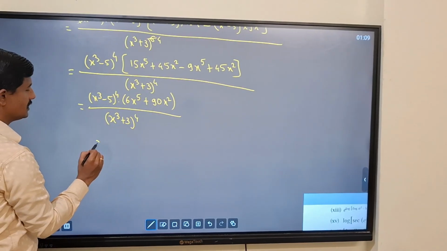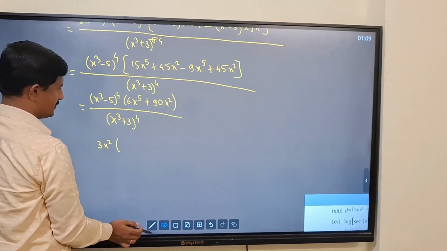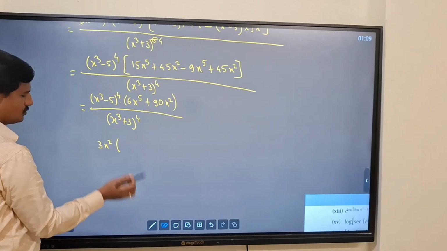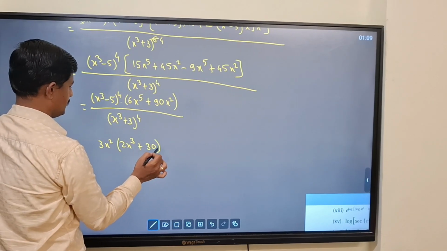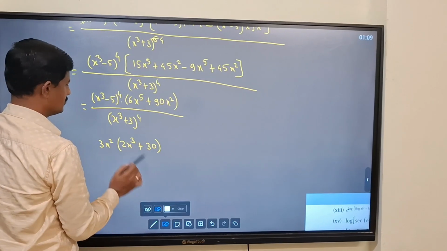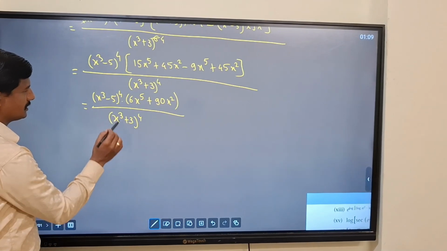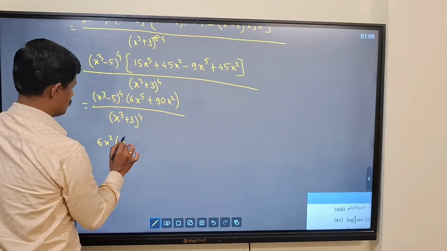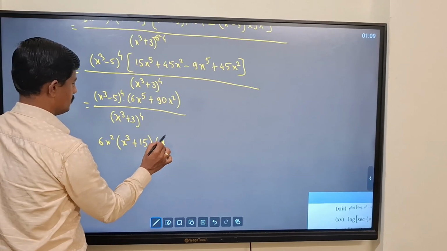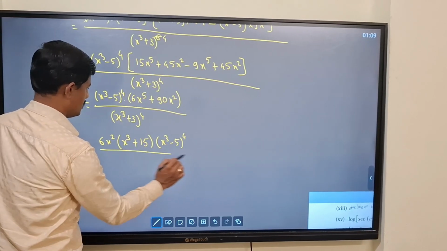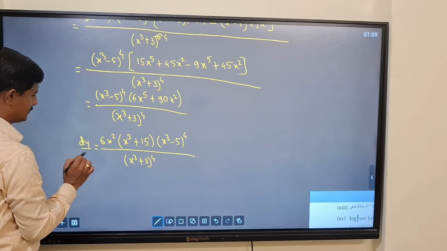I will take 6x square as common from this term, so here remains x raised to 3 plus 15, correct, into x cube minus 5 raised to 4 upon x cube plus 3 raised to 4, dy by dx.